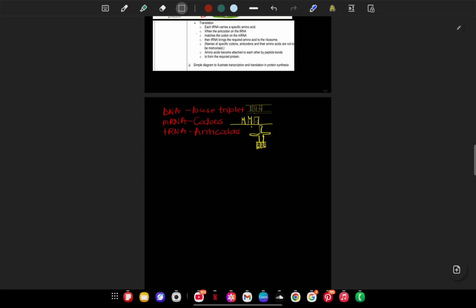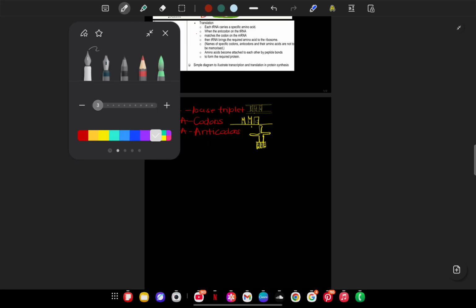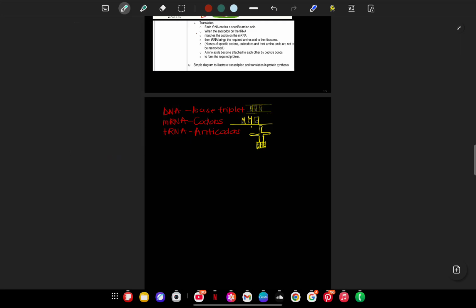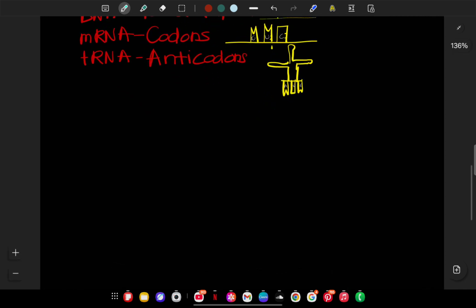And then one last thing is how to differentiate between transcription and translation. Which one comes first, which one comes second, because it does get a little bit tricky and you confuse them.